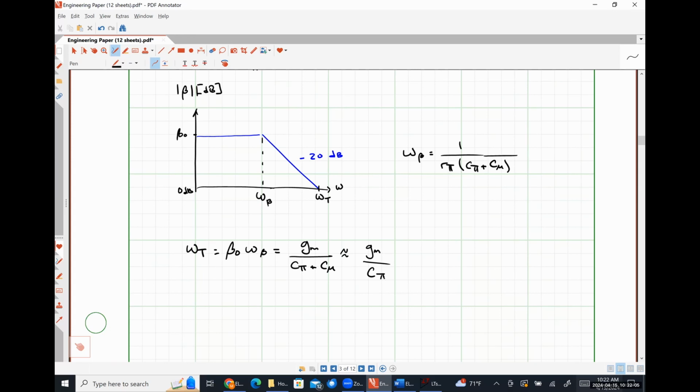So effectively, if we can measure our unity gain bandwidth, and we know the transconductance at our particular operating point, we can back calculate what C pi is. That's the process for doing so.